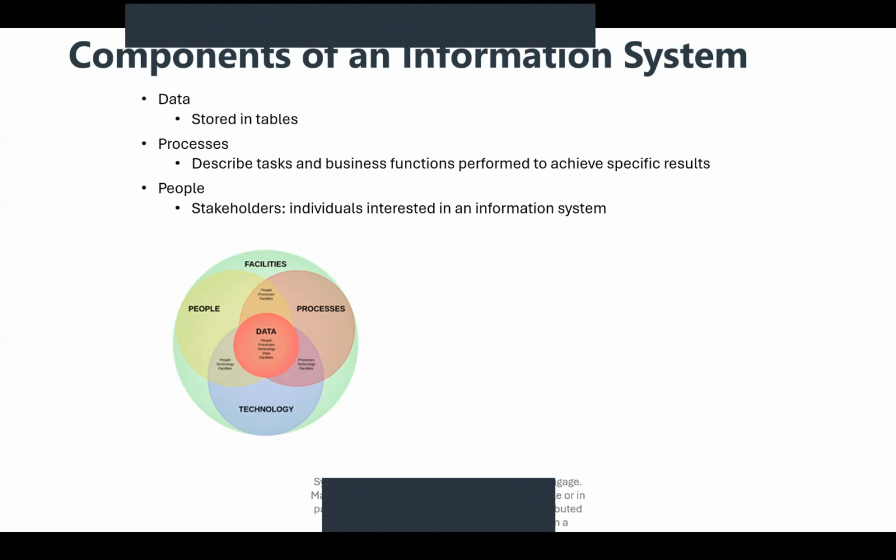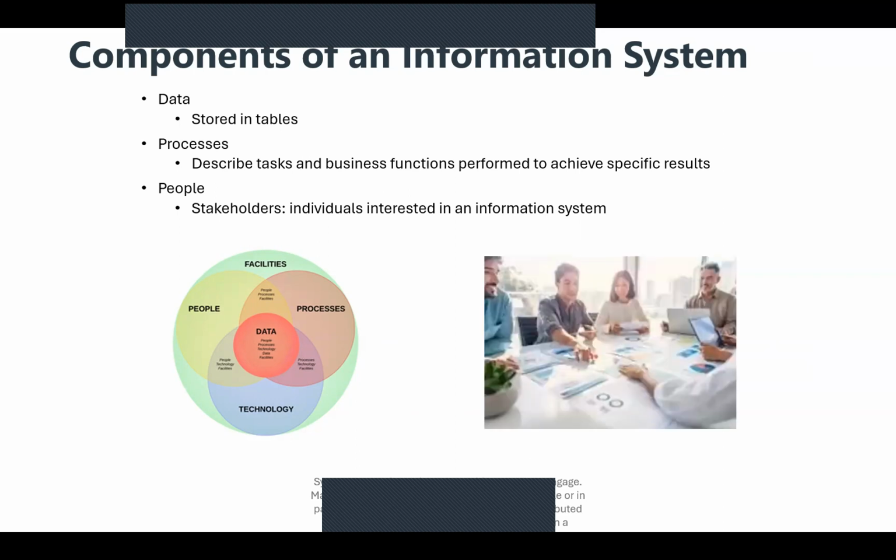Who are the people in this whole information system? People are the stakeholders, meaning anyone who is interested in the system. So individuals that are interested in an information system are the people that we are talking about here. So anyone who is interested in using your system, designing your system, they are the stakeholders.